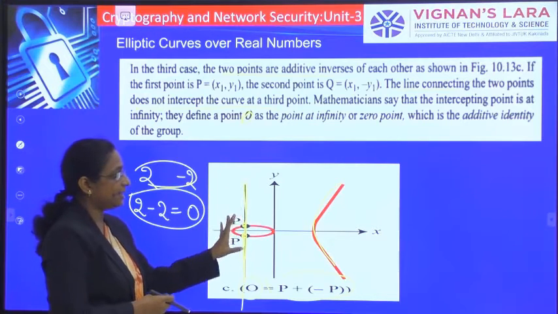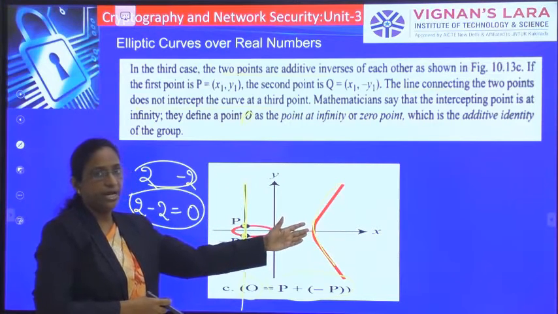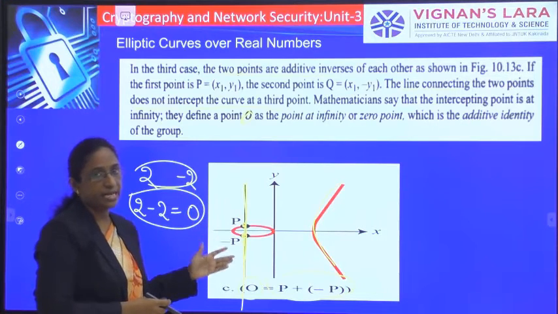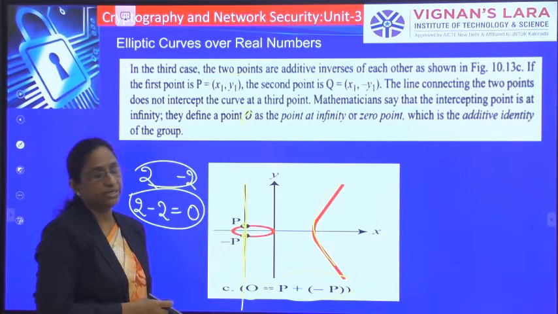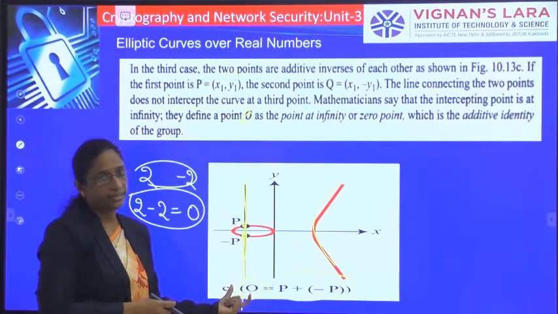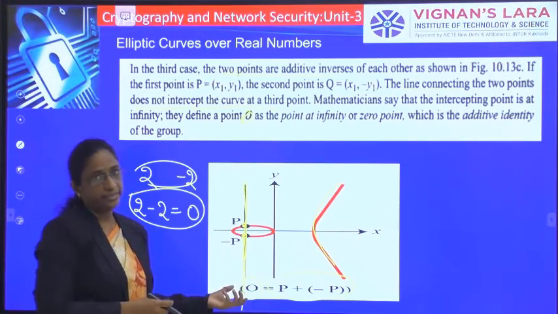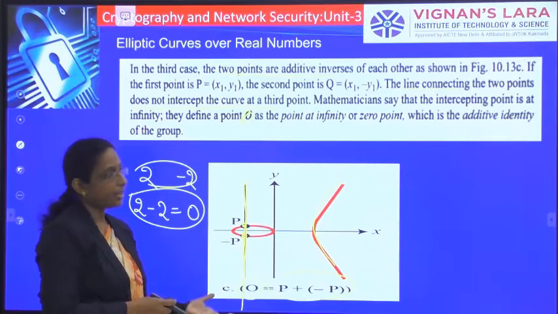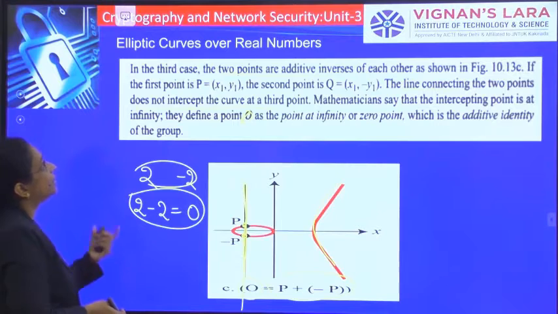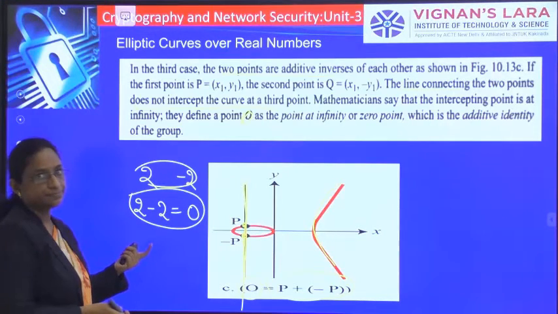Since this line does not intersect the curve at any 3rd point, mathematicians take the line as going to infinity, and that infinity is termed the zero identity, or additive identity, of the group. So that is the third case in our elliptic curves.